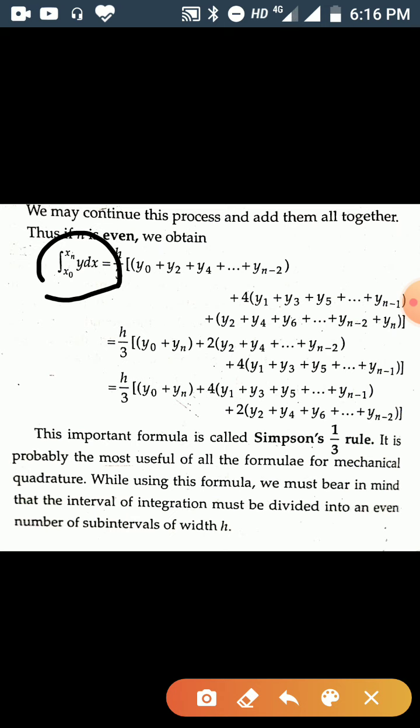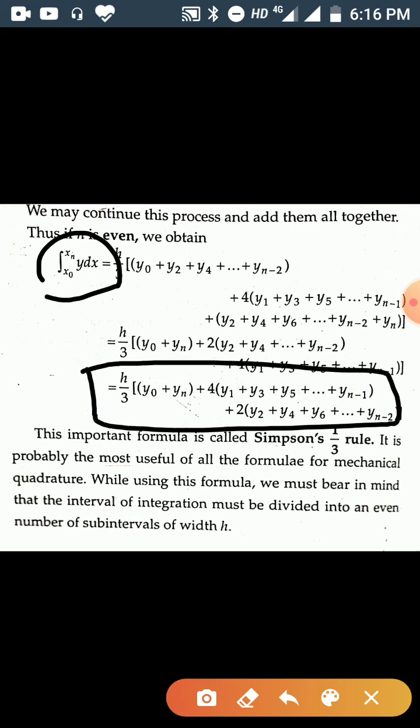So finally we will get h by 3 times [(y0 plus yn) plus 4 times (y1 plus y3 plus y5 plus ... yn minus 1) plus 2 times (y2 plus y4 plus y6 plus ... yn minus 2)].